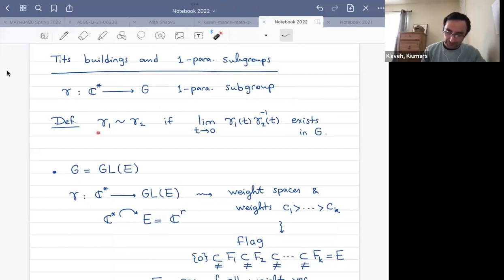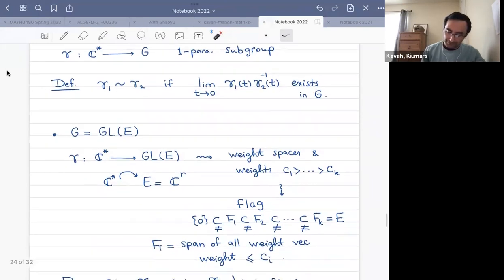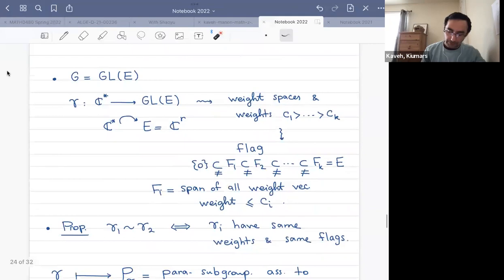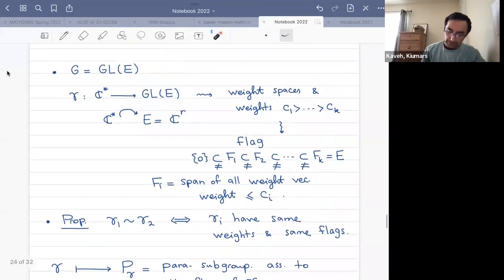Okay. So you say two 1 parameter subgroups are equivalent if the quotient as t goes to 0 has a limit in G. There is no other place for the limit to exist. In terms of one parameter subgroups of GLR or GLE, it means that you have a linear action of C star on your vector space E, C to the R. It has some weights, which are integers.